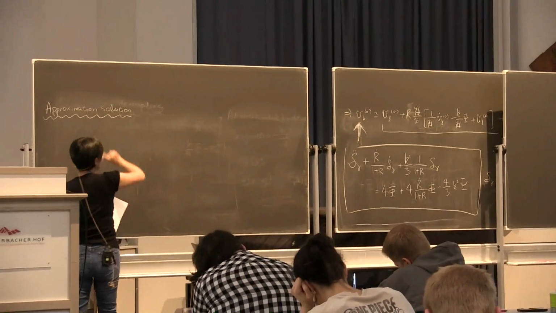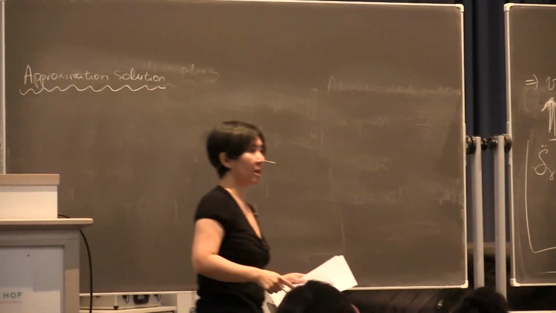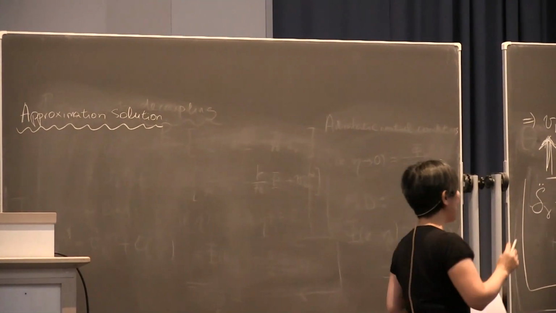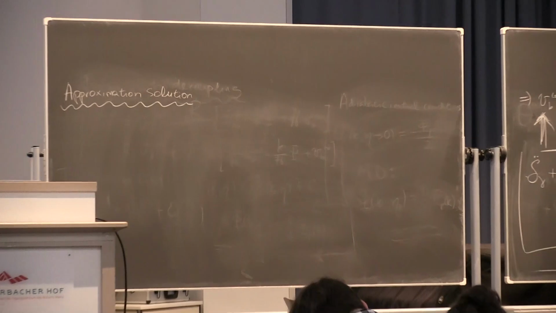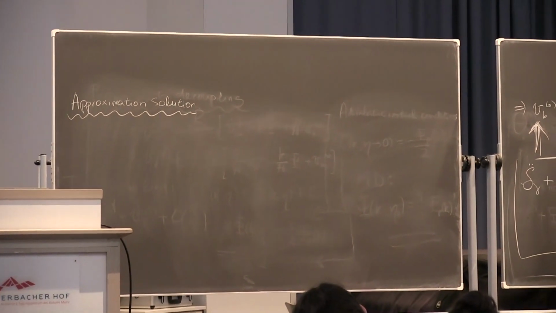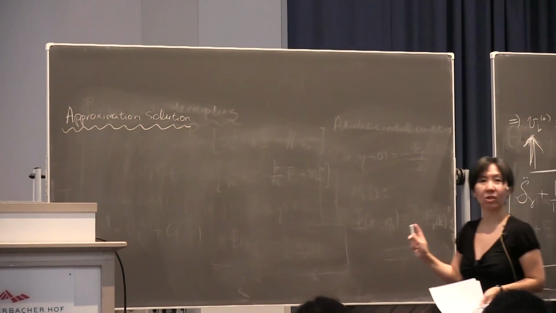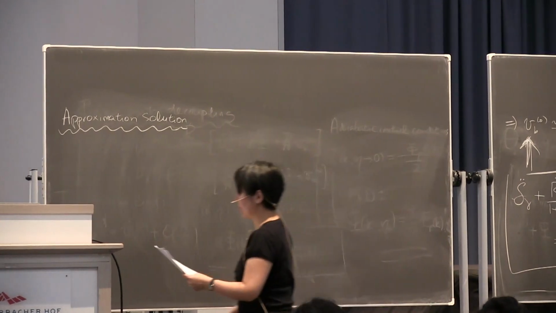So as said earlier, decoupling happens during matter domination. And during matter domination, we also saw a solution from yesterday that the potentials phi and psi should be more or less constant. So I'm going to assume that here as well.